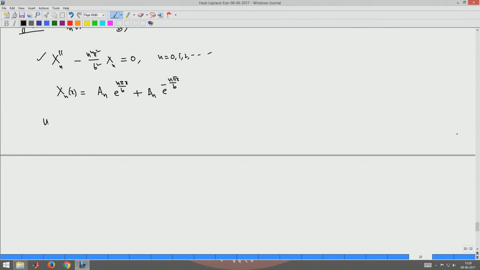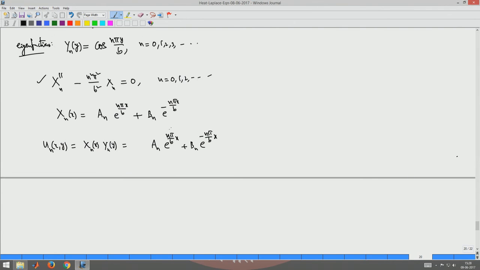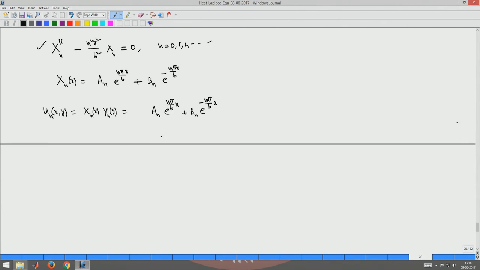Now, u n of x y is x n of x into y n of y. This is simply a n e power n pi by b x plus b n e power minus n pi by b x, that is my x n of x, and y n is cos n pi y by b.